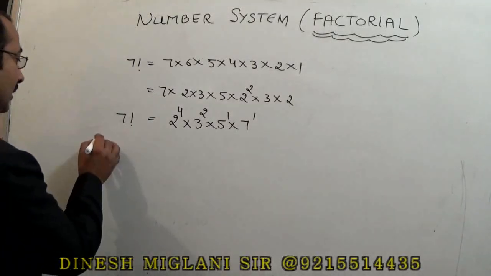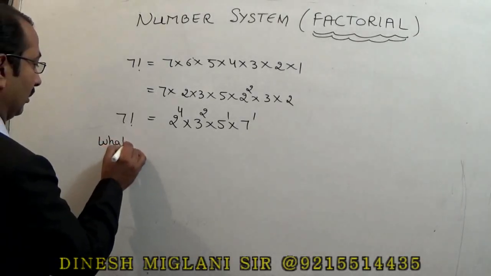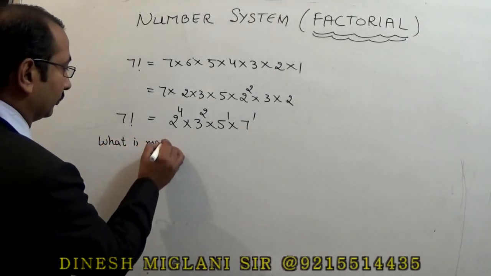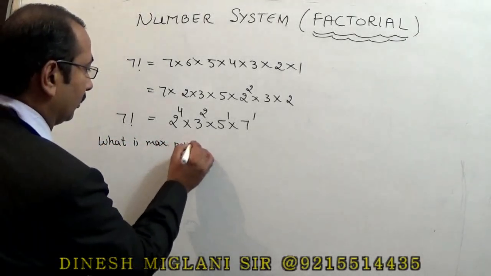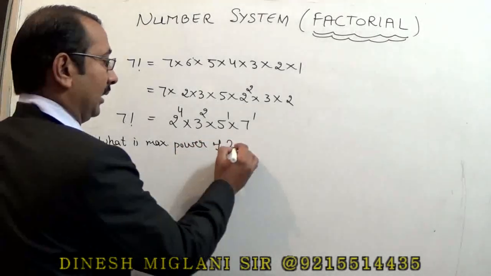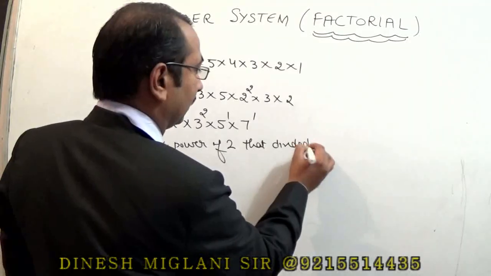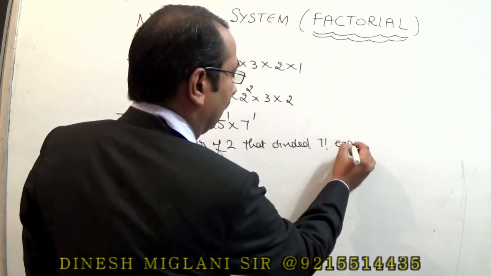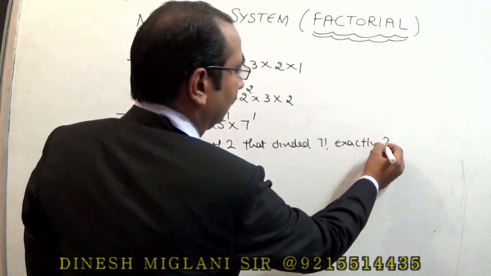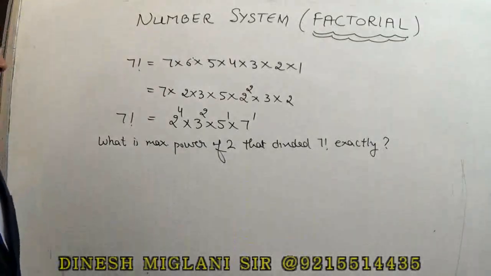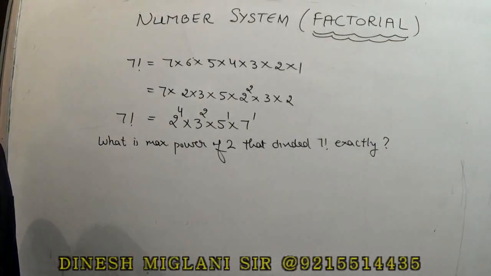For example, if I ask, what is the maximum power of 2 that divides 7 factorial exactly? Or I can say, what is the maximum power of 2 in 7 factorial?